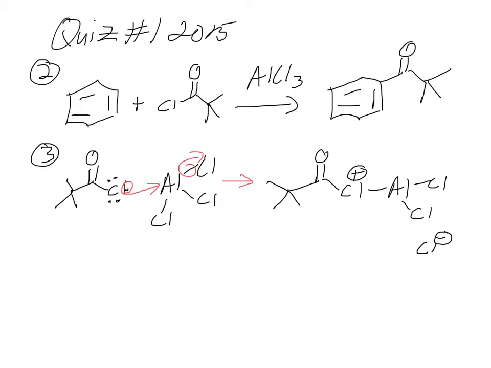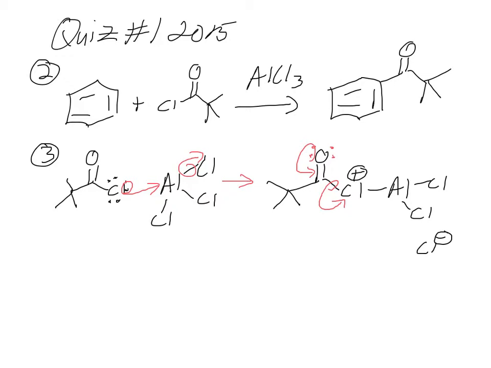Now this mechanism is a little different because there are lone pairs on the oxygen. What we can do is these lone pairs can come down, because is the chlorine happy with a plus charge? No. Lone pairs can come down, and that will kick out the chlorine.